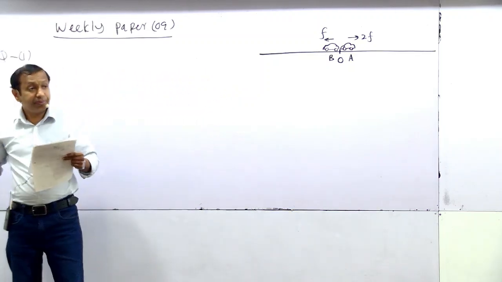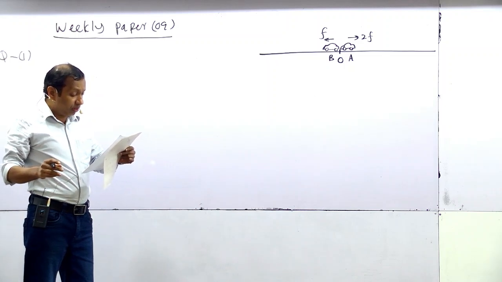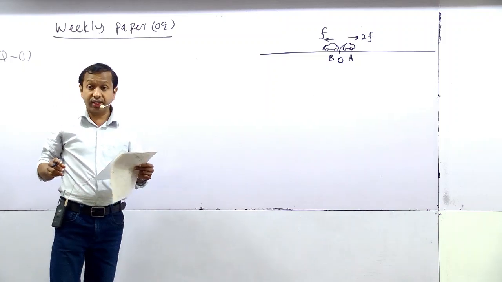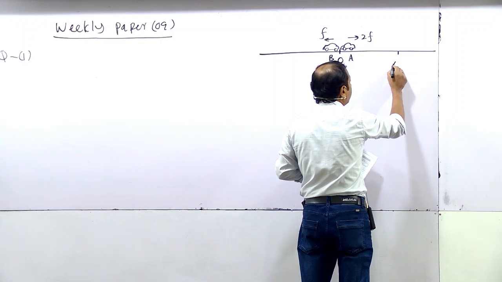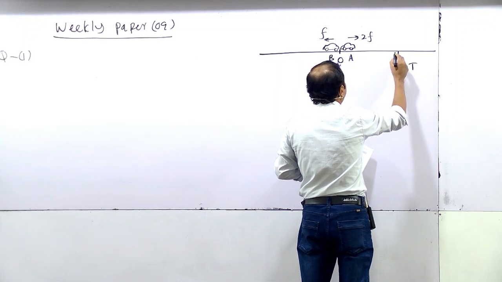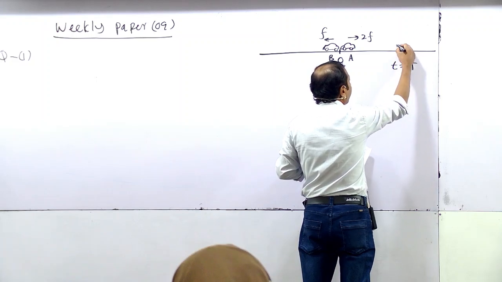After a time t, car A begins to travel with the uniform velocity it has acquired. At time t equals t, car A is somewhere here.